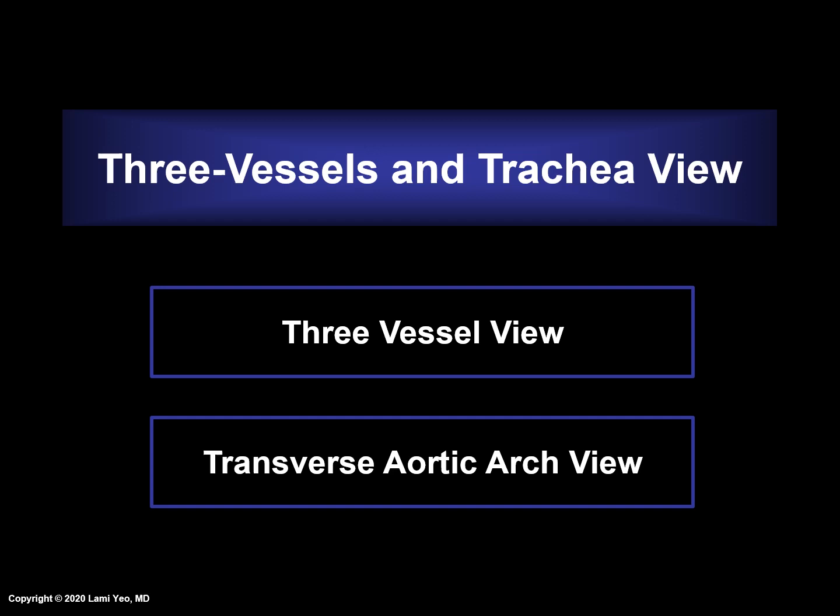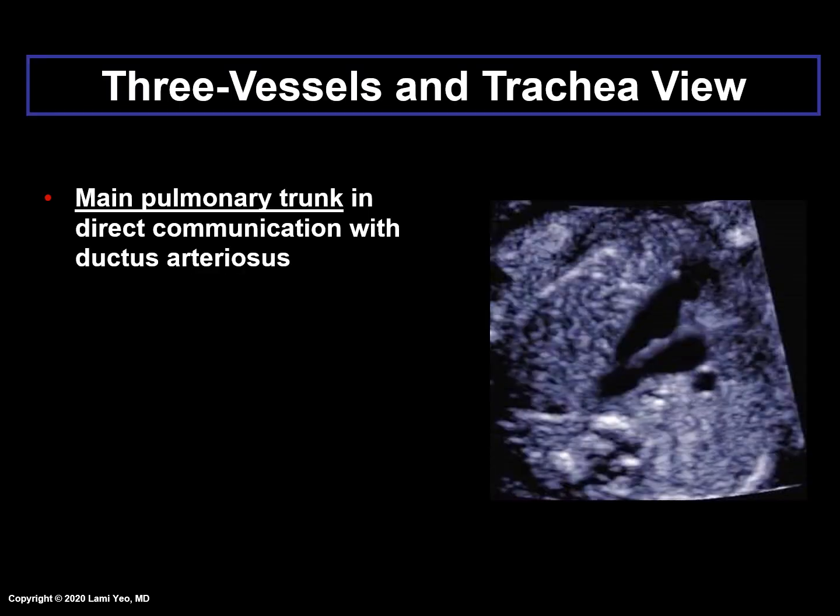3 vessels and trachea view, 3 vessel view, and transverse aortic arch view. In the 3 vessels and trachea view, the main pulmonary artery is in direct communication with the ductus arteriosus, has the largest diameter of the vessels, is the most anterior, and is leftwards.